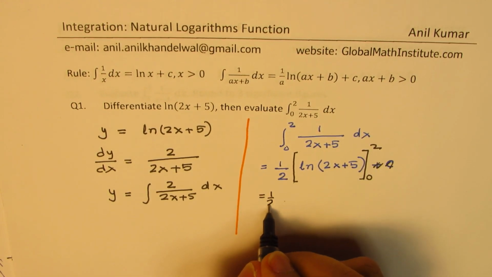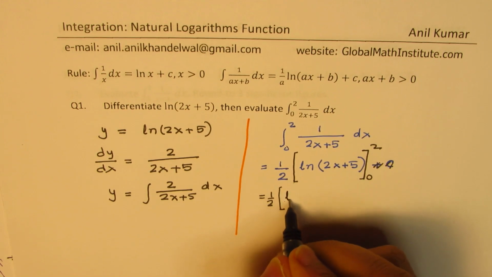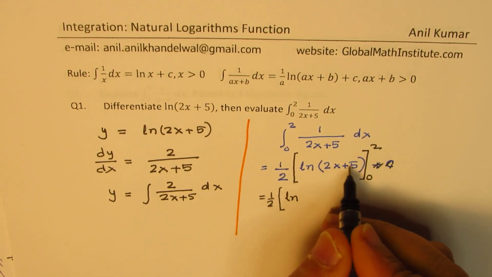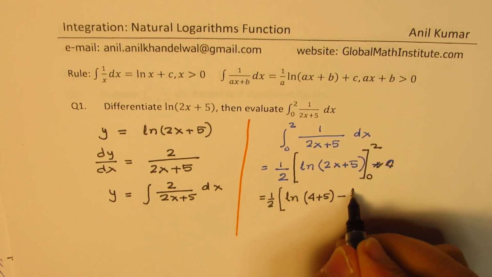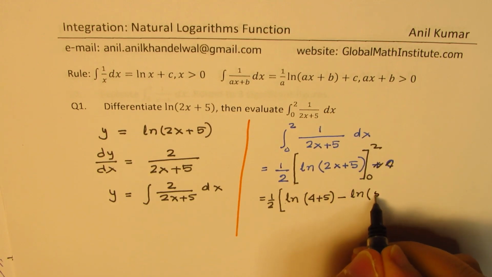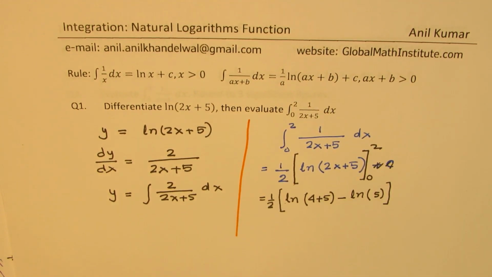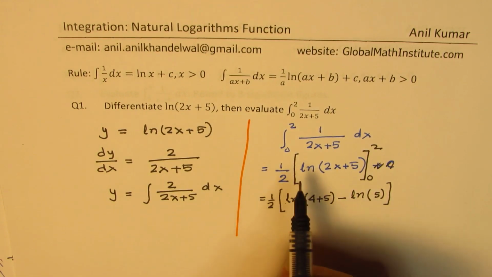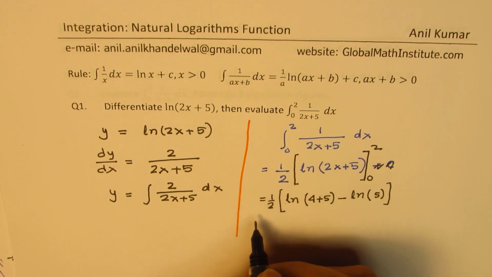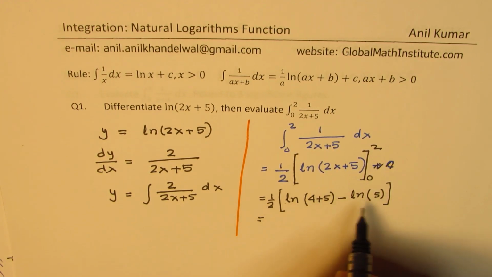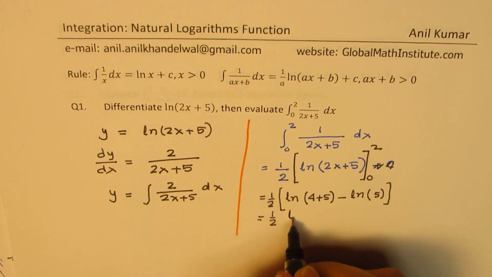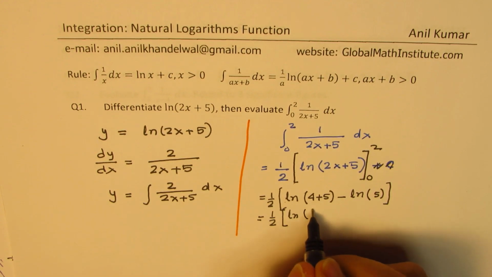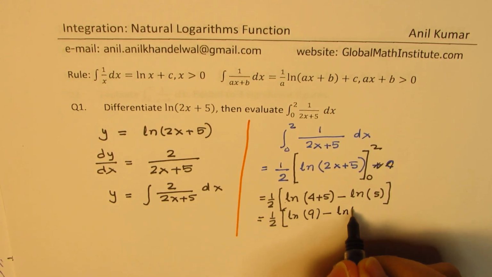That gives us half of ln(2 times 2 is 4, 4 plus 5), so we get ln(4 plus 5) minus ln(0 plus 5, which is 5), correct? Now we need to use a calculator to find the answer, and we'll round this answer to 3 significant figures. So we have half of ln within brackets 9 minus ln 5.